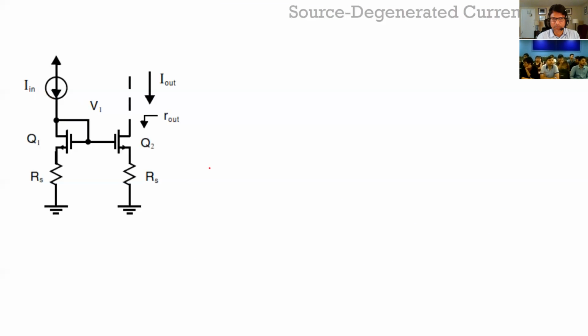So the first one I'm going to cover is the source-degenerated current mirror. As you can see in this picture, in a simple current mirror, you had the two transistors connected just like a simple current mirror.